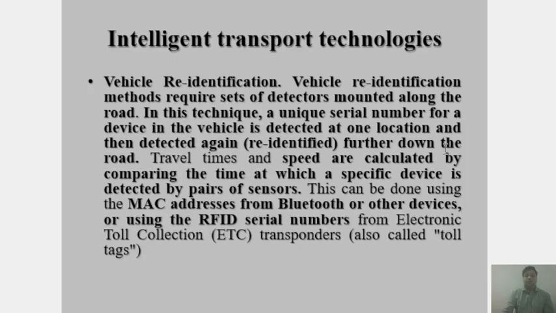In this vehicle re-identification, we also calculate the travel times and speed by comparing the time at which the specific device is detected by a pair of sensors. We can pair these using the MAC address coming from Bluetooth or other devices, or the RFID serial numbers, which are used in electronic toll collection at toll plazas, where we use transponders, also called toll tags.